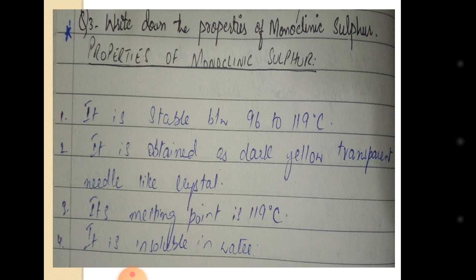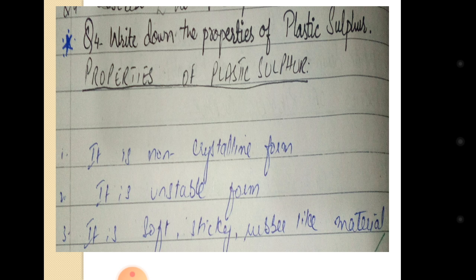It is obtained as dark yellow transparent needle-like crystals. The one before was pale yellow; this is dark yellow. Its melting point is 119 degrees centigrade. After 119 degrees centigrade, it starts melting and changing. It is insoluble in water too.